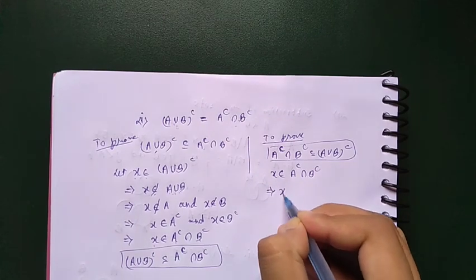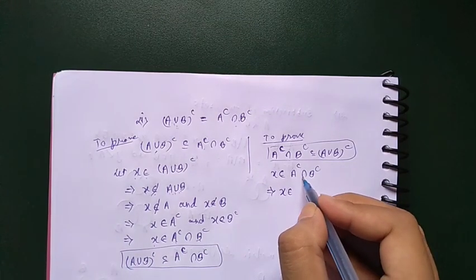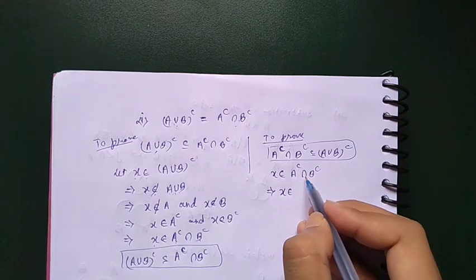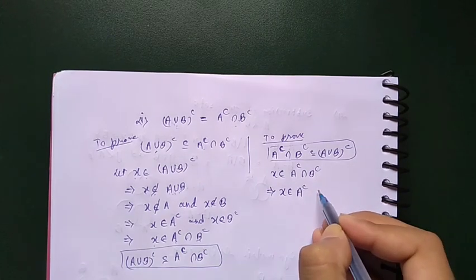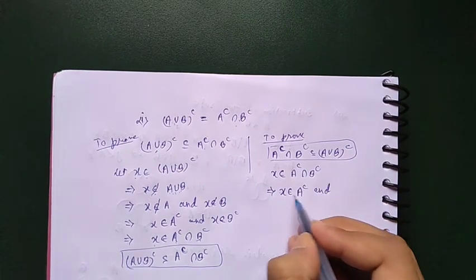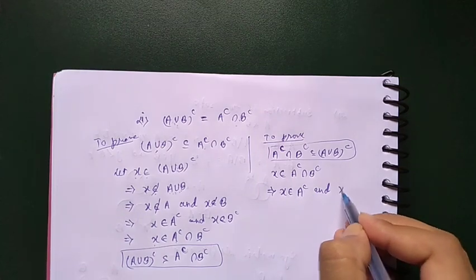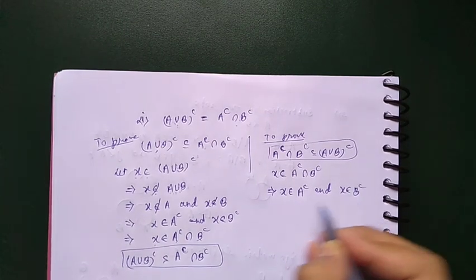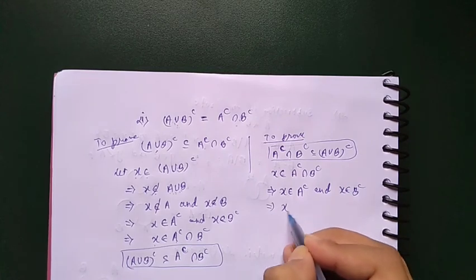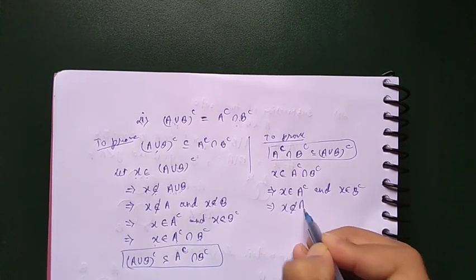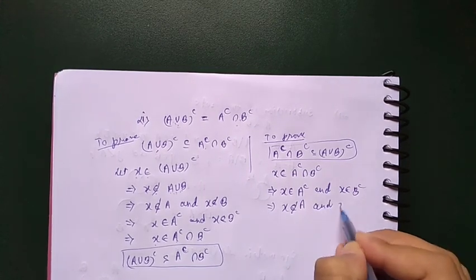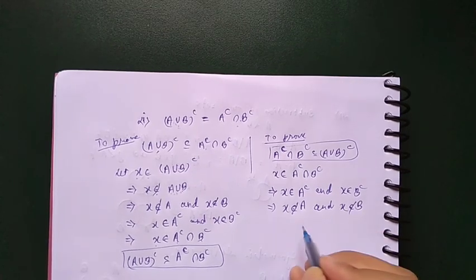This will imply that, since there is the sign of intersection here, we will use AND. So X belongs to A complement and X belongs to B complement. This will imply X doesn't belong to A and X doesn't belong to B.